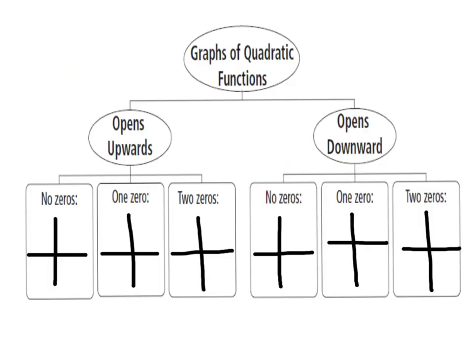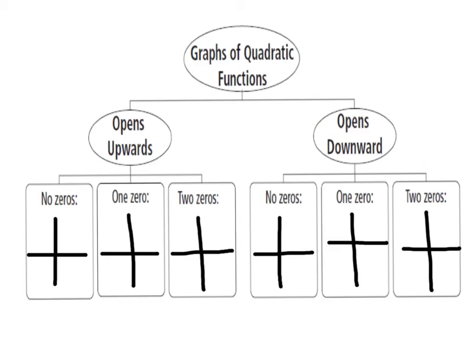So when we have graphs of quadratic functions, we know that they can either open upwards or open downwards. They cannot open to the left or to the right. They have to open either up or down. And we have a few options for zeros, but there are only 3 of them: no zeros, 1 zero, or 2 zeros.